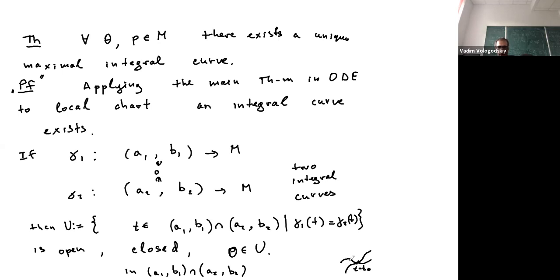In fact, integral curves cannot intersect one another. So U is open, closed, and non-empty in this interval, which implies that U is the intersection.